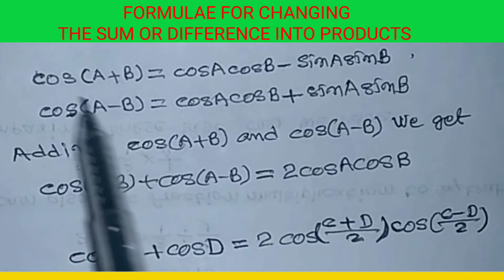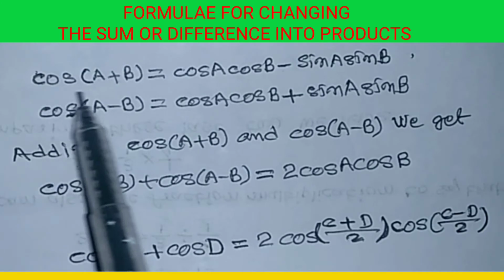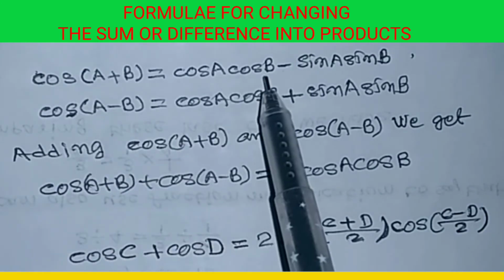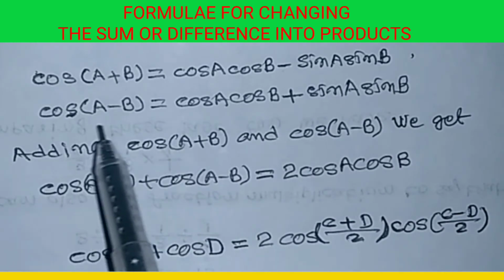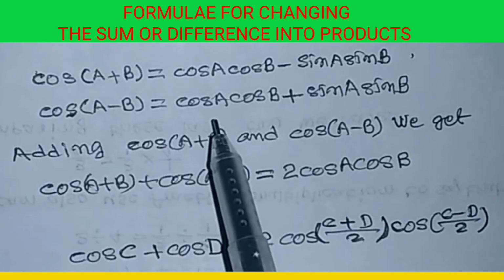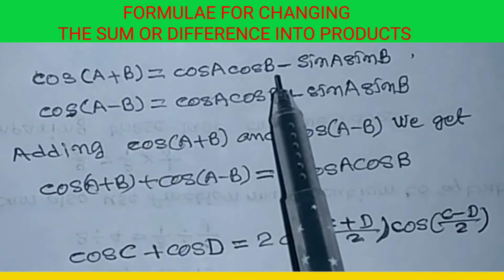Cos A plus B is equal to cos A cos B minus sin A sin B. Cos A minus B is equal to cos A cos B plus sin A sin B. Plus minus, minus plus.